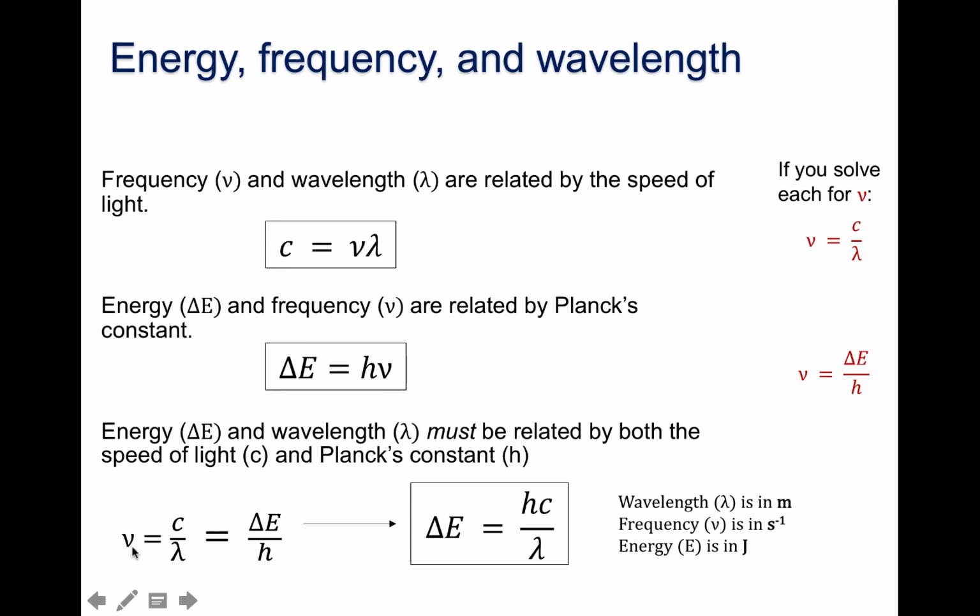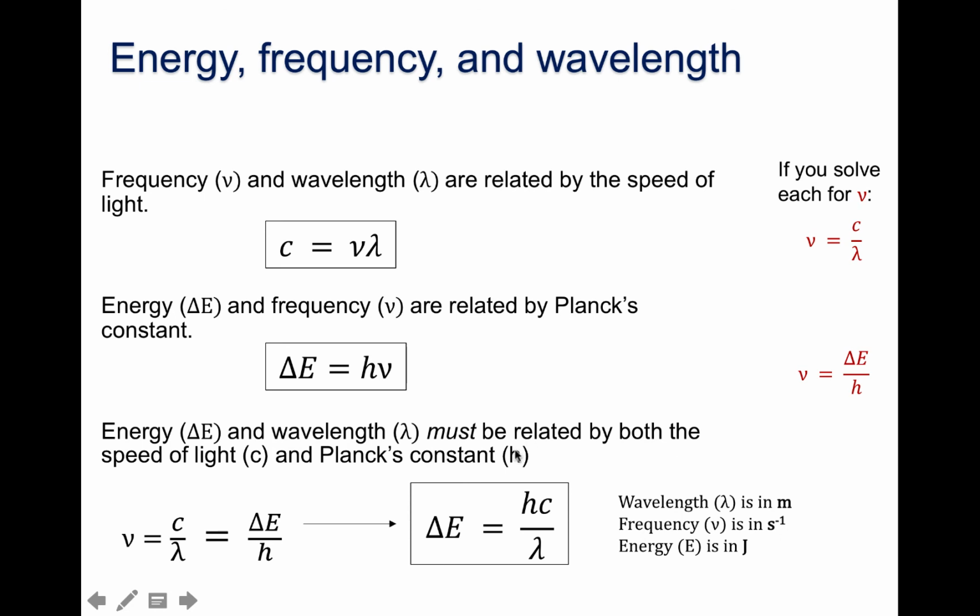So what you can do, if frequency is equal to both of these, you can set them equal to each other, which is what I've done right here. And you can rearrange the equation to solve for one of the variables. Here, now I have an equation where I have the energy of the wave related to the wavelength of the wave, and you can see that they're related by Planck's constant. Again, you just have to remember what units each variable is expressed in.